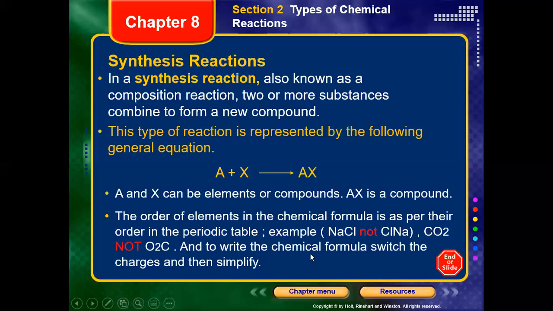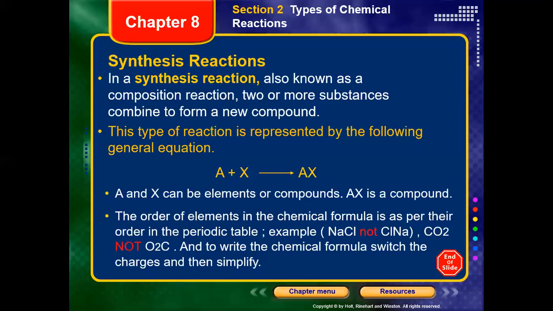To write the chemical formula, you also need the oxidation number or the charge for each element. You know that sodium is a metal from group 1, so the charge of this metal is +1 and Cl is -1. So you switch the charge and simplify, and you get NaCl, 1 to 1. The subscript of Na is 1, the subscript of Cl is 1. For carbon and oxygen, carbon we will say positive 4.